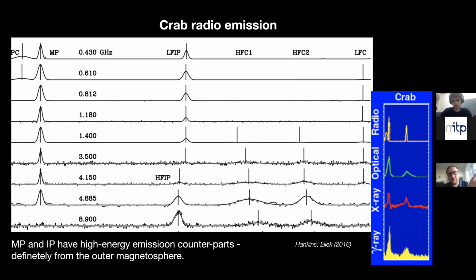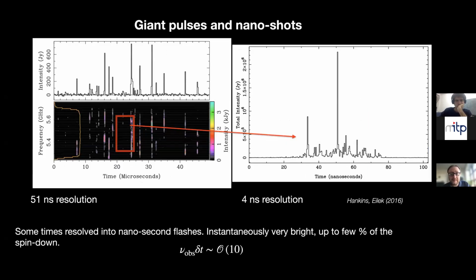What is labeled as PC in this picture is what observers call a precursor emission, which actually looks like the polar radio emission from every other pulsar. So Crab is also emitting like all the other pulsars, but there is something which is very different from most of the population. And we think this is coming from the outer magnetosphere.